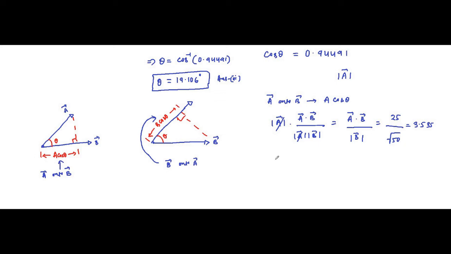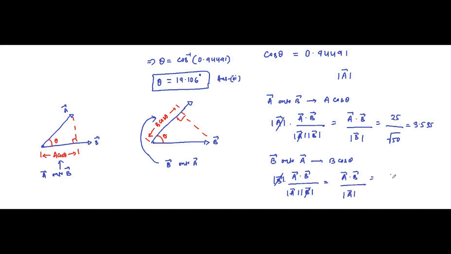Similarly, the scalar projection of B vector onto A vector is expressed as B cos theta. So that will be B vector multiplied with A vector dot B vector by A vector modulus B vector modulus. Here B vector modulus will get cancelled out, and it will be simply A vector dot B vector by A vector modulus.